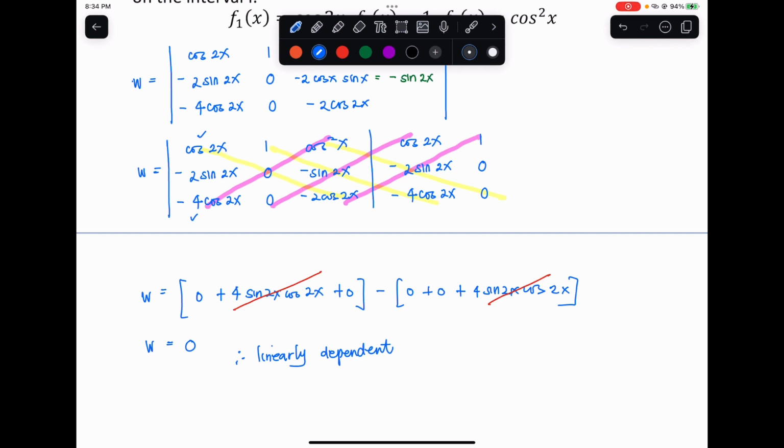If it involves a dependent variable y together with its derivatives, that is considered a homogeneous equation. But if a function of x is included in the equation, then that makes it a non-homogeneous equation.